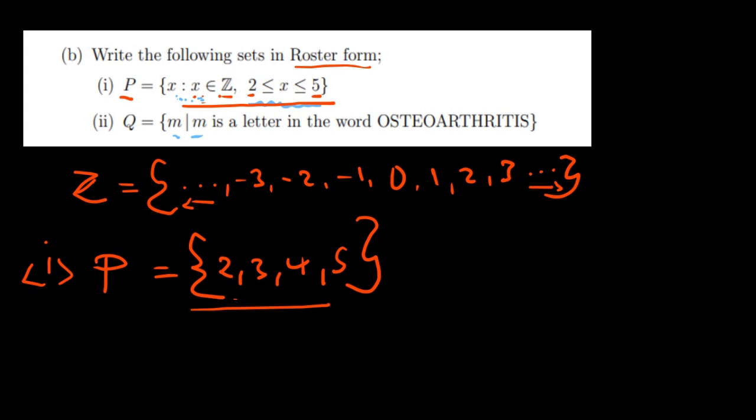Okay, so we're able to list those elements there because we are considering a set of integers. If we had a set of real numbers here, it means we can't list the elements in this set. But because it's a set of integers, we can list them. Because if you consider the set of real numbers there, it will include the fractions, so the numbers between 2 and 5 will be endless.